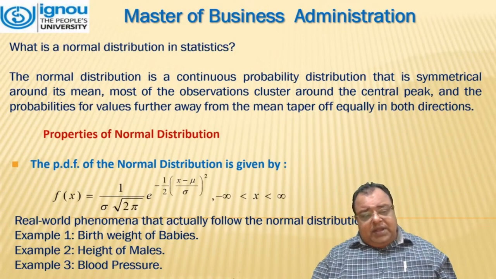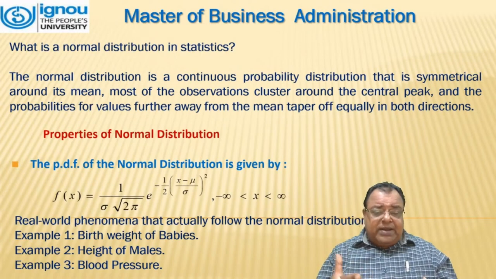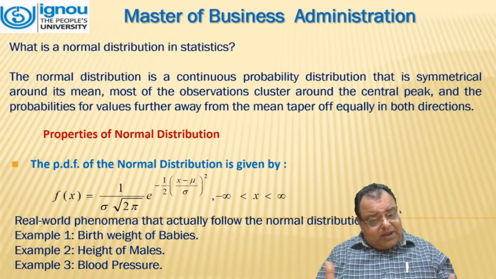We have the probability distribution function of normal distribution given by f(x) equal to 1 upon sigma under root 2 pi into e raised to the power minus 1 by 2 within brackets x minus mu upon sigma whole square.